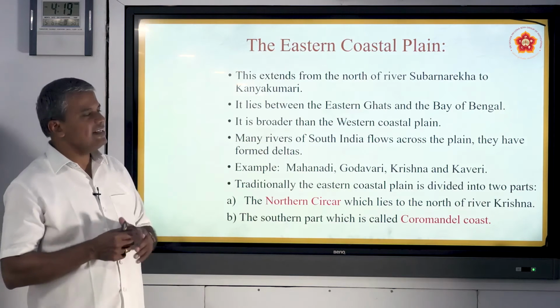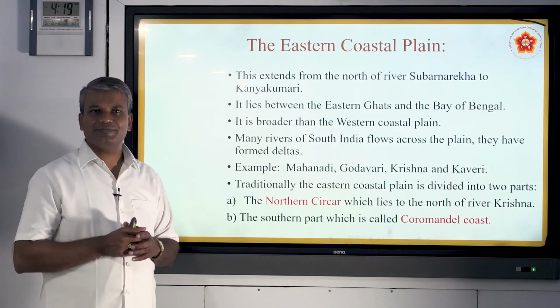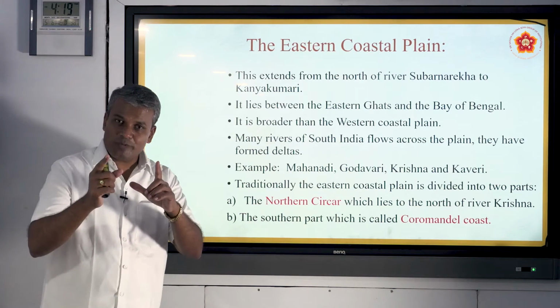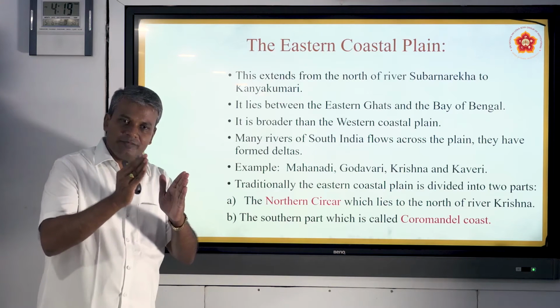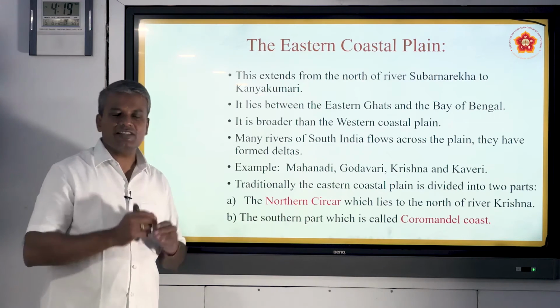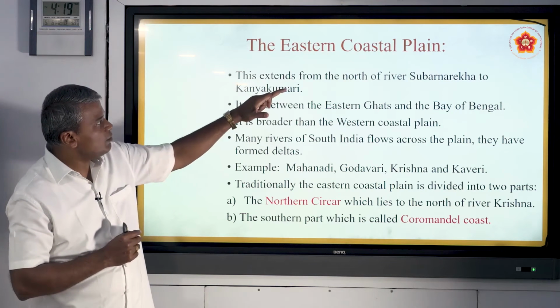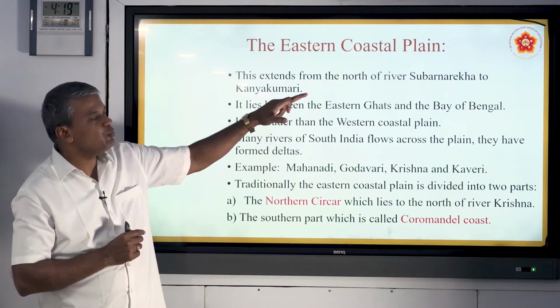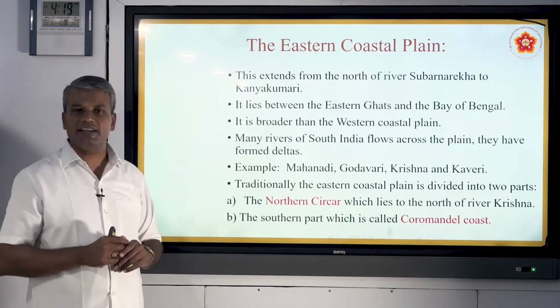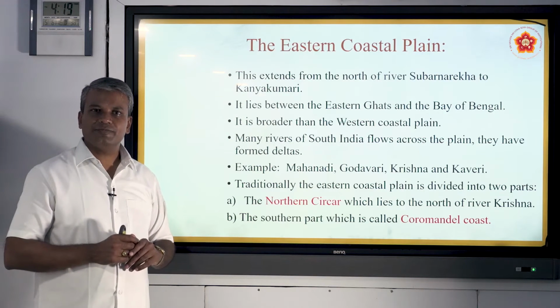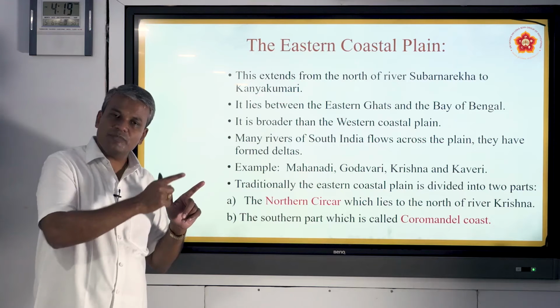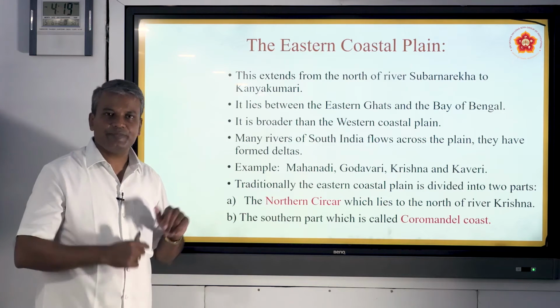So now the eastern coastal plain. Western coastal plain is located between Western Ghats and Arabian Sea, from Rann of Kutch to Kanyakumari.